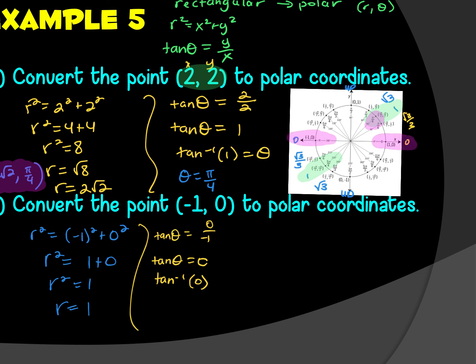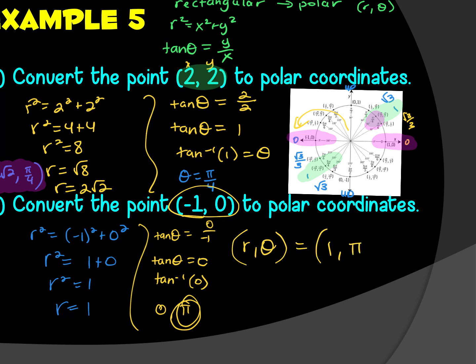The pi? Good. 0 and pi, they're both 0. But because this is negative 1, I know I'm going to move left, and that means pick pi. So r, theta would equal 1, pi. Questions on that one?